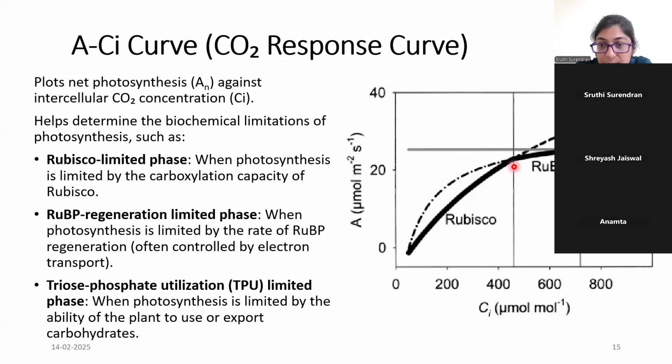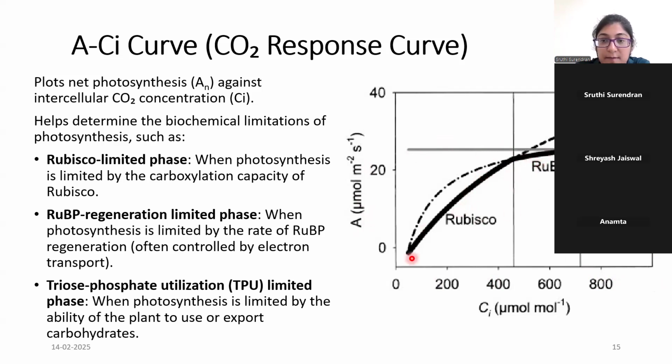Asymptote is nothing but this straight line where there is no change happening in the y-axis. So from this part of the curve, it is transitioning into another part where, even if you keep on increasing the carbon dioxide concentration, there is no change in the net assimilation rate. Assimilation rate is going to remain at the same level. This is how the ACI curve for every C3 plant is going to look.